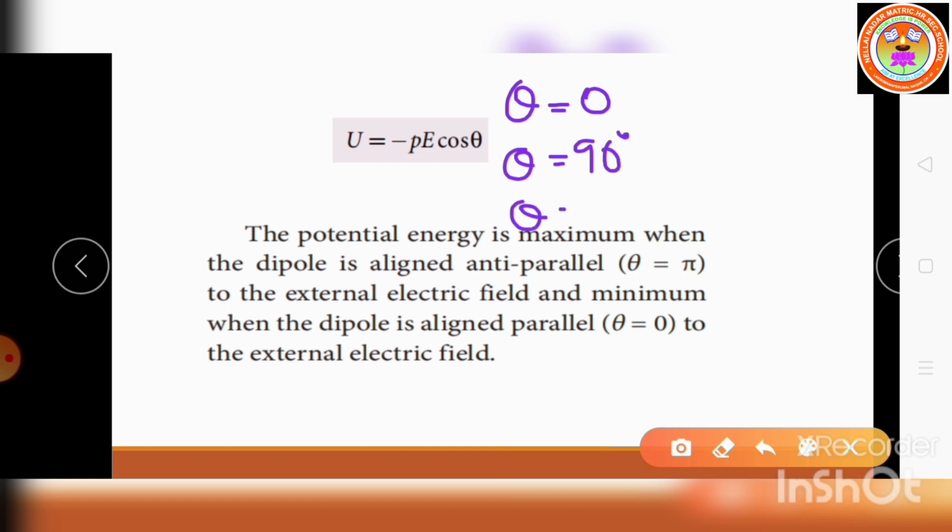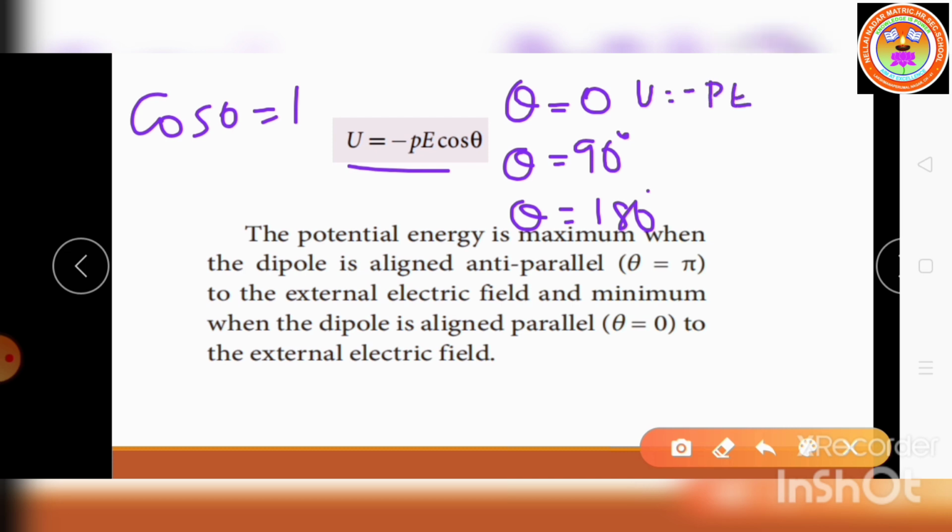Next, theta is equal to 180 degrees. What is the value of cos 0? Cos 0 is equal to 1. So in the first case, U is equal to minus PE.